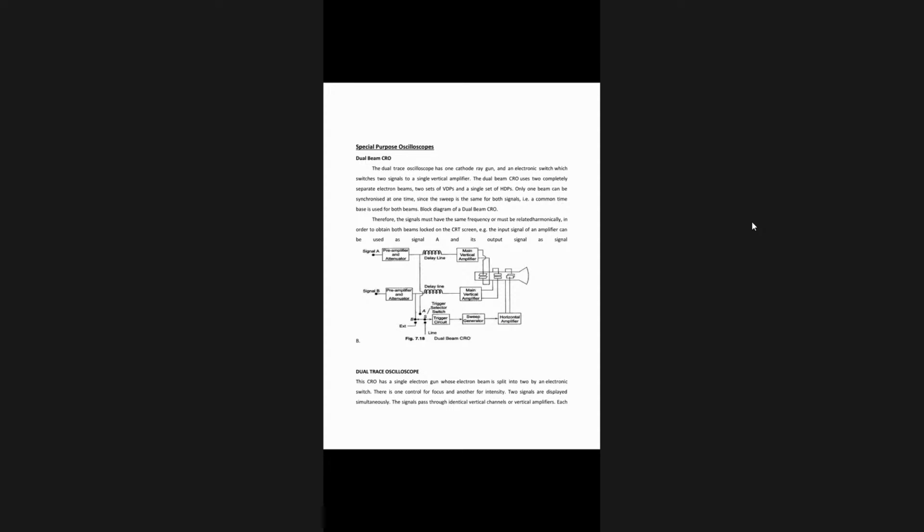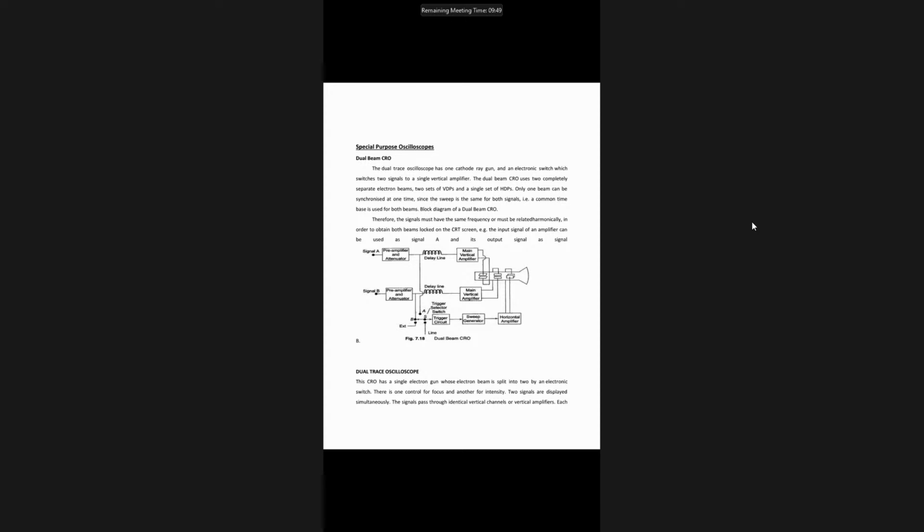Then the trigger signal is applied to the sweep generator. The sweep generator generates the sawtooth waveform, which is applied to the horizontal amplifier, and further given to the horizontal deflection plate. This is how the dual beam CRO works, and we are presenting both signals together on the face of the screen.